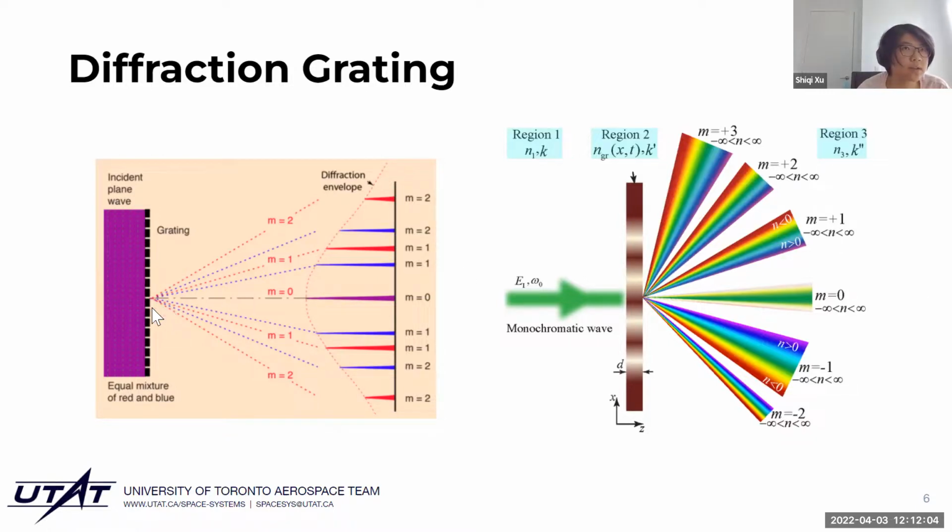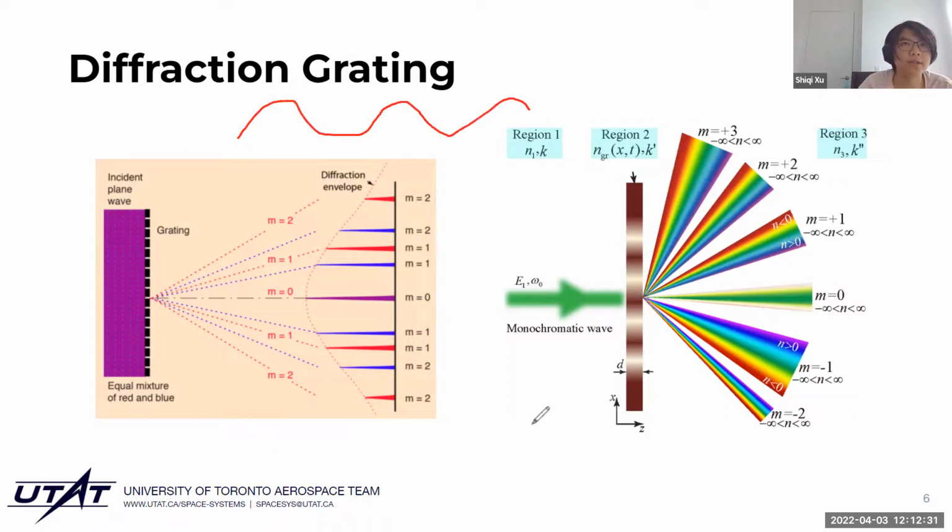Essentially, let's say white light is entering, and the different wavelengths are going to interfere differently. Can I draw this very well?